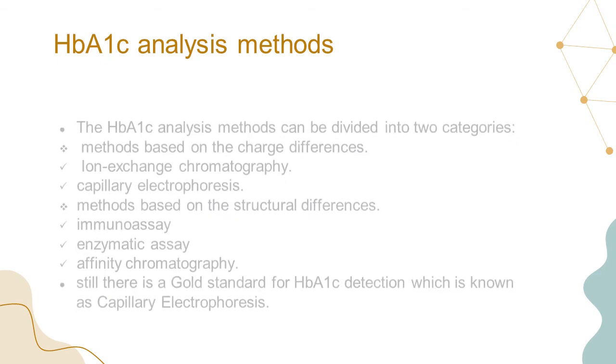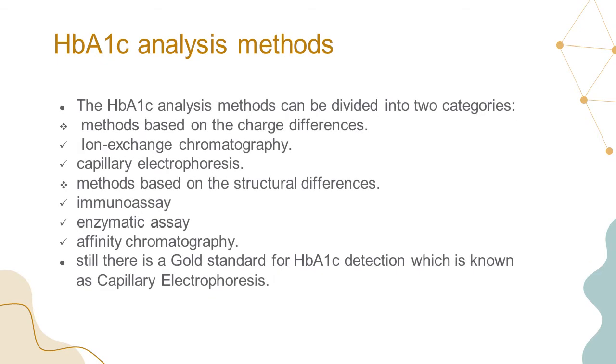Hemoglobin A1c analysis methods. The hemoglobin A1c analysis methods can be divided into two categories. 1. Methods based on charge difference, for example, ion exchange chromatography and capillary electrophoresis. 2.